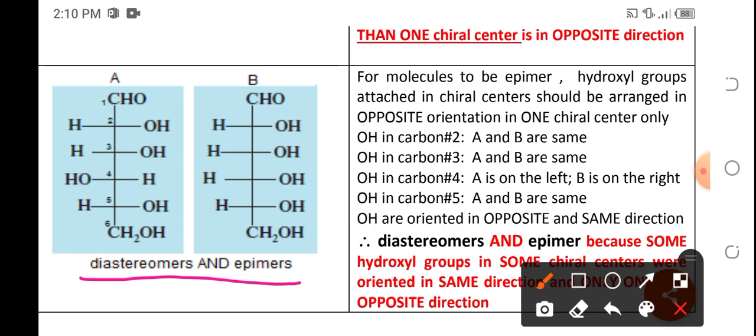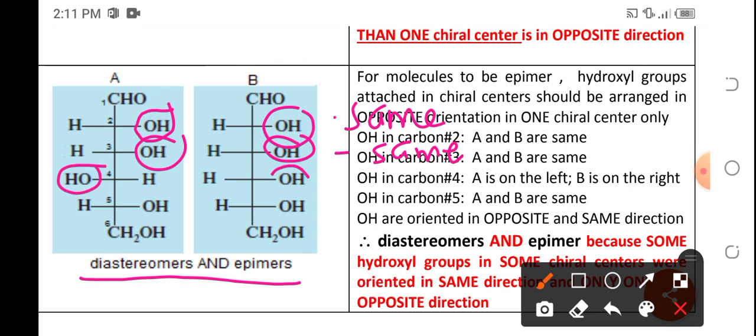Paano siya naging diastereomer? So, meron tayong same. So, yan ay same. Ito ulit ay same. Okay, so basta pag may same, diastereomer na siya automatic. Okay, ito naman ay opposite. Okay, and this one is same. Same orientation. Okay, with the presence of same orientation and an opposite, it is a diastereomer.